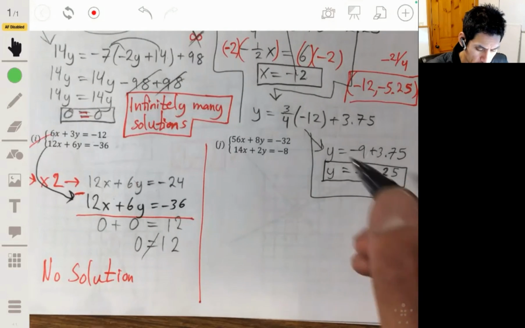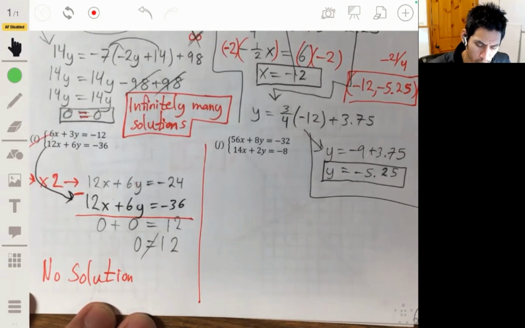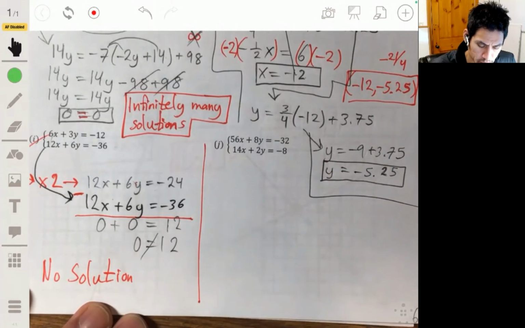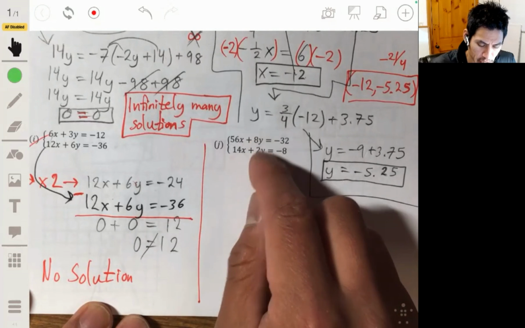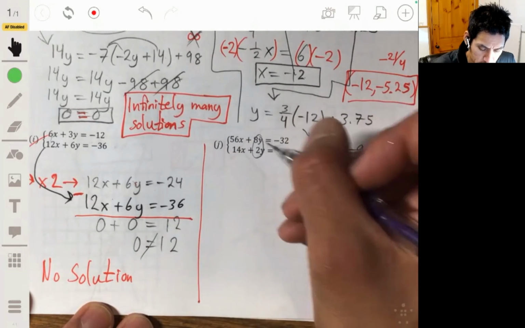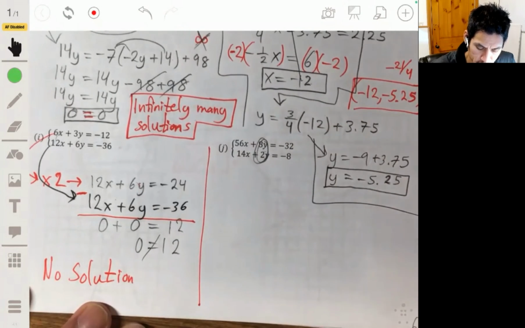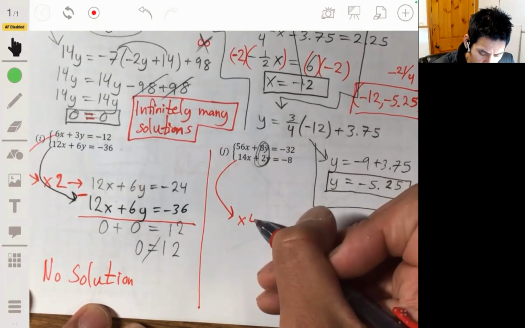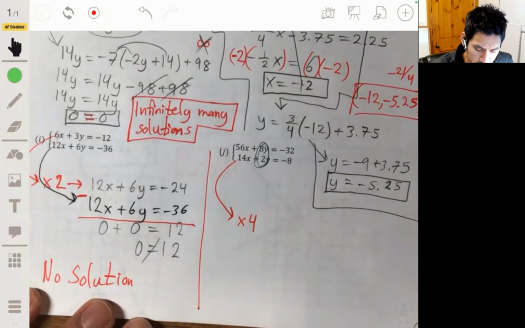All right, one more. Another one you could probably see right away, it's elimination. You can make both y's both 8. We're going to multiply the bottom one by 4. And let's keep the top the same.